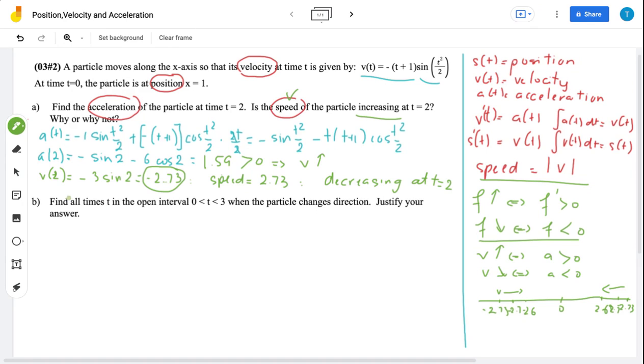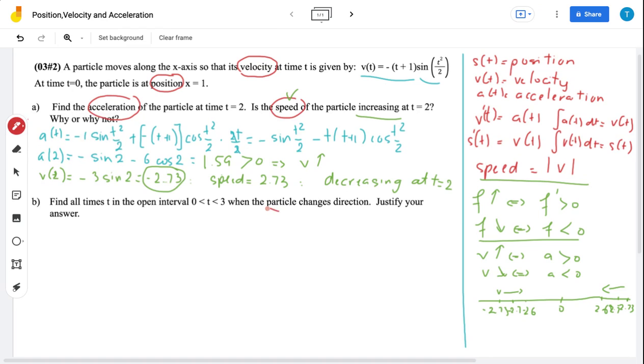So the next question asks: find all the times t in the open interval 0 to 3 when the particle changed direction, and justify your answer. So this one is key.